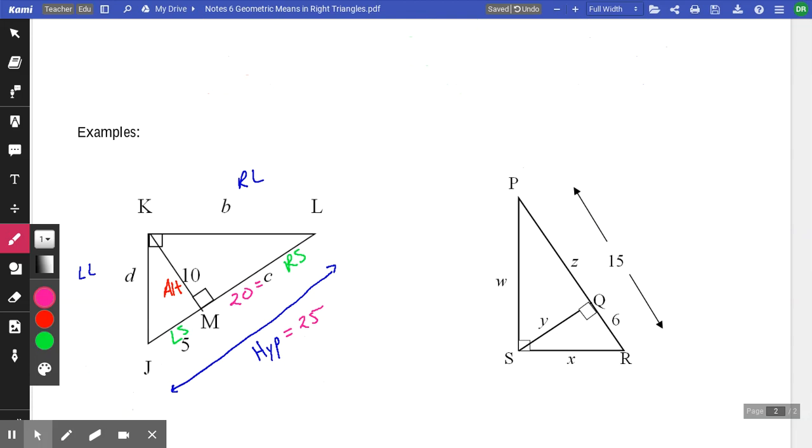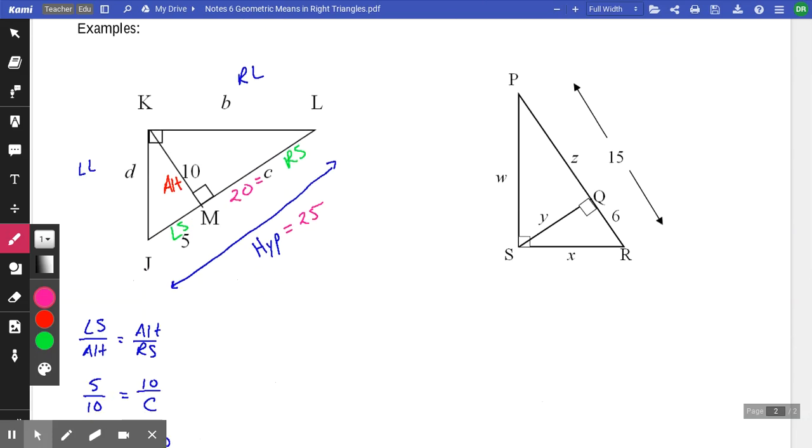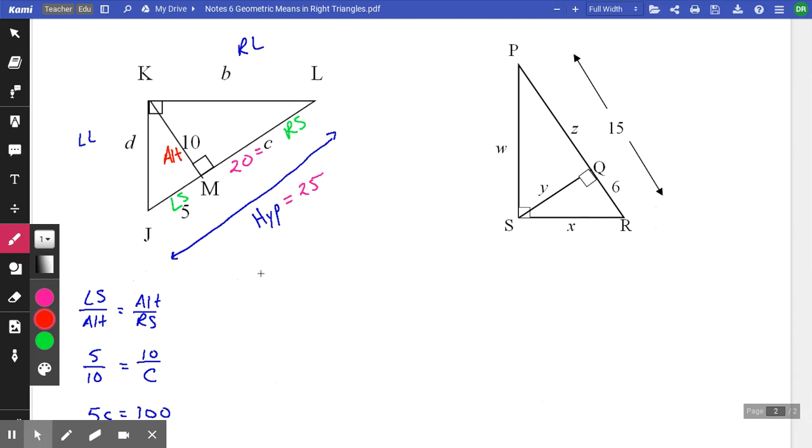So we could use these proportions to find our last two variables, although I will also point out that if you choose to, you notice that these are right triangles, and so we could use the Pythagorean theorem to find a missing side length if we wanted. But I'm going to go ahead and use our proportions here just to get an idea of how they work. So I'm going to start with finding that left leg.